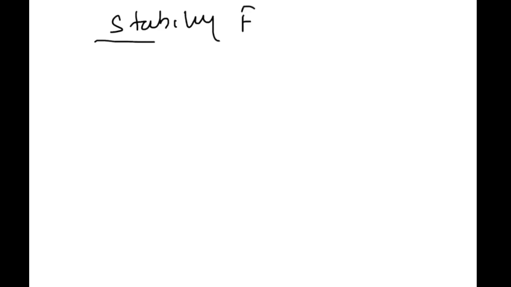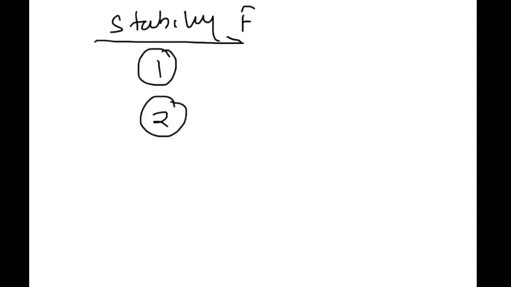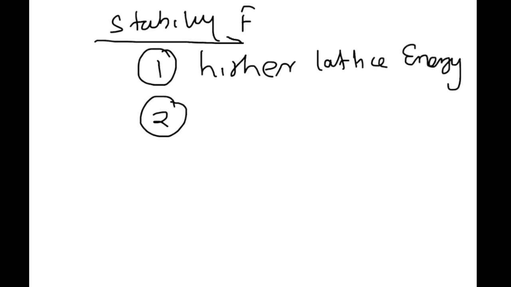The ability of fluorine to stabilize the higher oxidation state is mainly due to two reasons. One, due to formation of higher lattice energy in the case of ionic compounds.